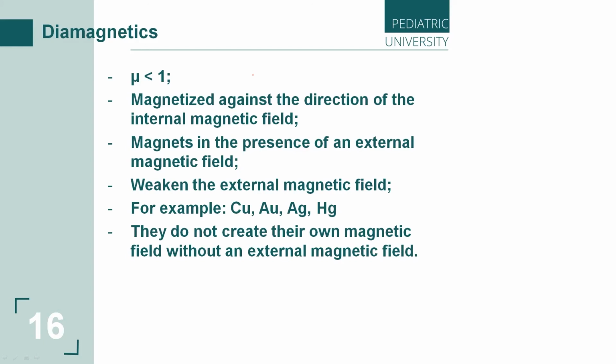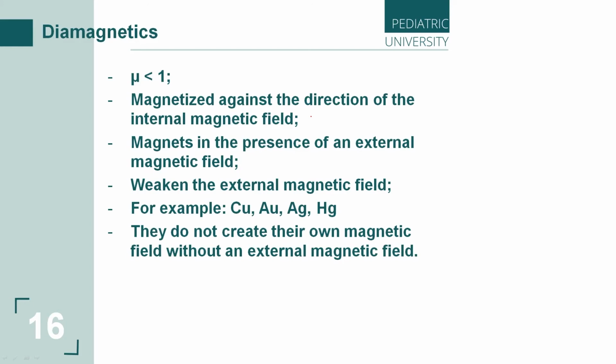Moreover, they don't create their own magnetic field without an external magnetic field. Don't forget, they are magnets only in the presence of an external magnetic field, and they are magnetized against the direction of the external magnetic field.